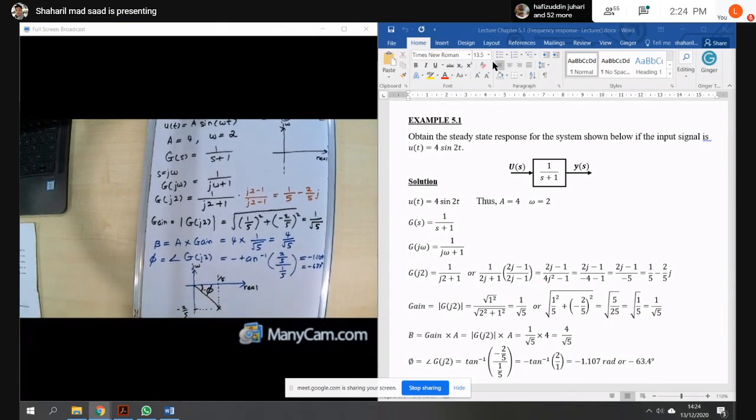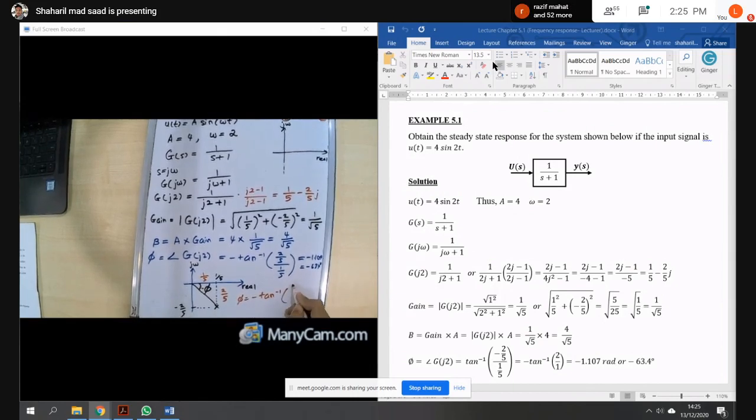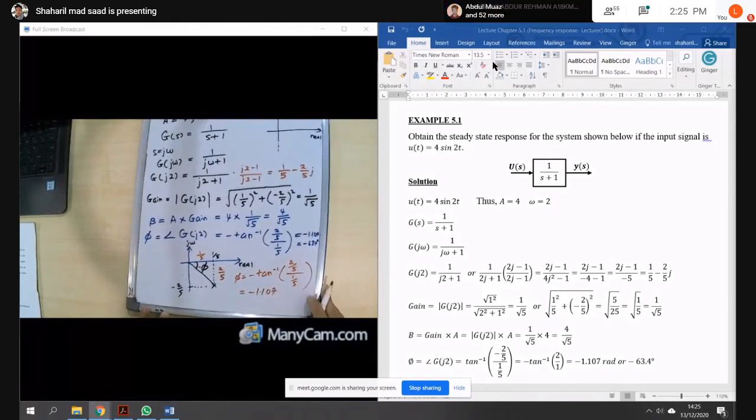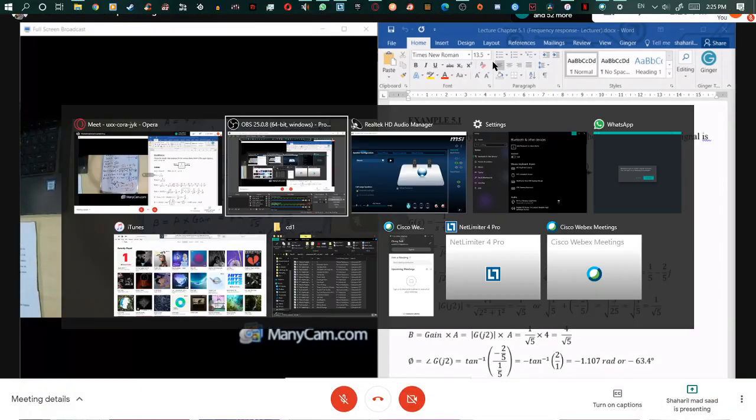This length is 2 over 5 and this length is 1 over 5. So P equals minus inverse tangent of (2 over 5) divided by (1 over 5). That's why you get minus 1.107 in radians, or minus 63.4 degrees.